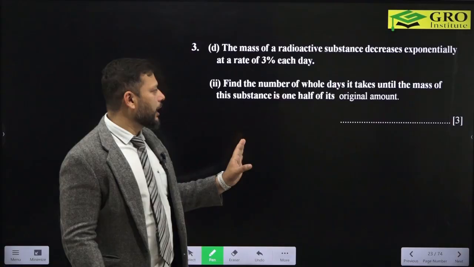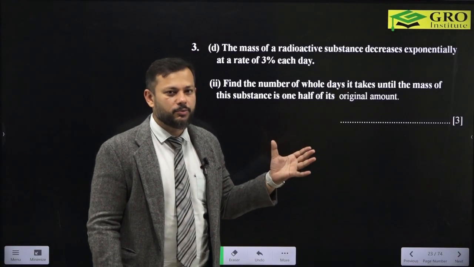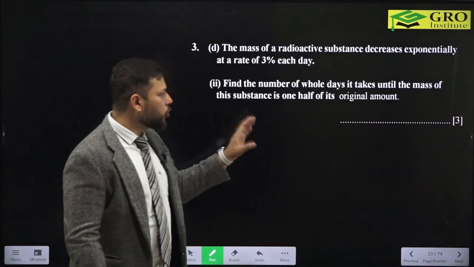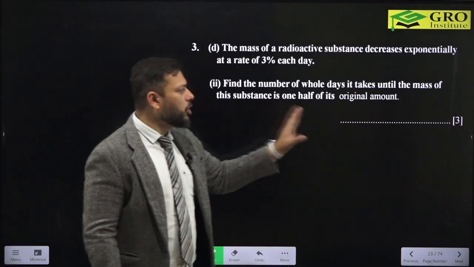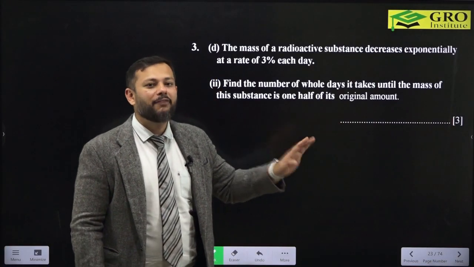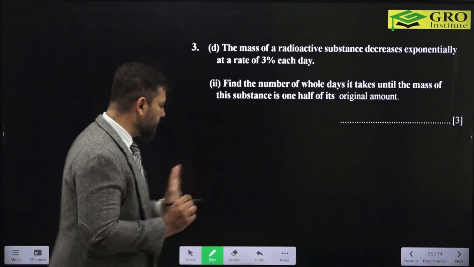Now we have to find that number of whole days. If we get it in terms of decimals, we need to round it off to the nearest whole number. So we have to find out the number of whole days that will take to make that mass 1/2 of its original value. Right, guys? Let us do the simple steps.